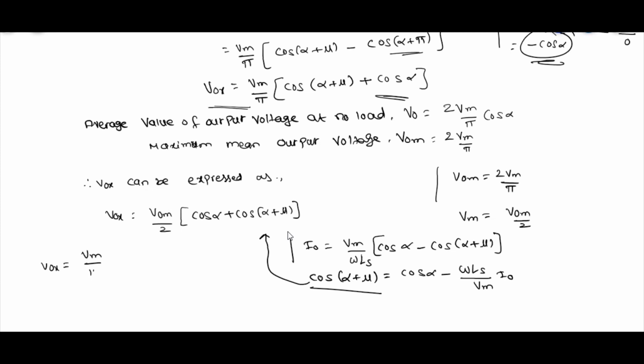Vm by pi into cos alpha plus cos alpha plus mu. This is the equation, already you have it. So from that, Vm by pi, cos alpha plus cos alpha minus omega Ls by Vm into I naught. I am substituting this value.